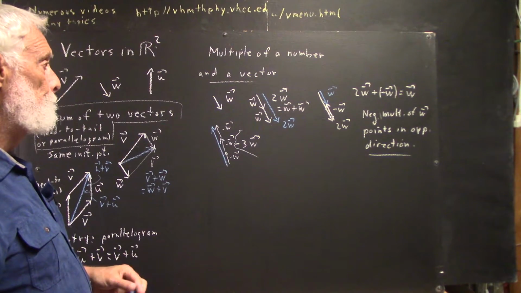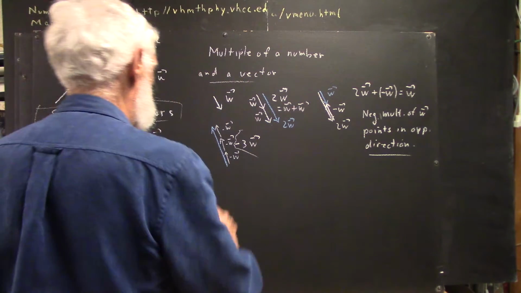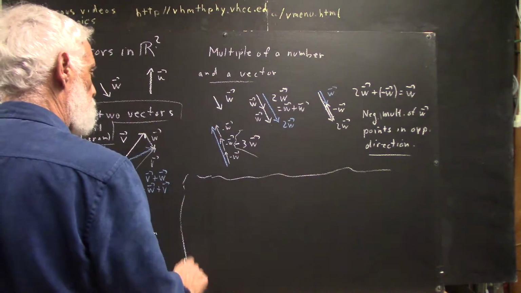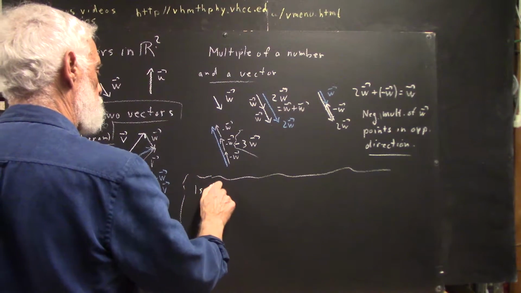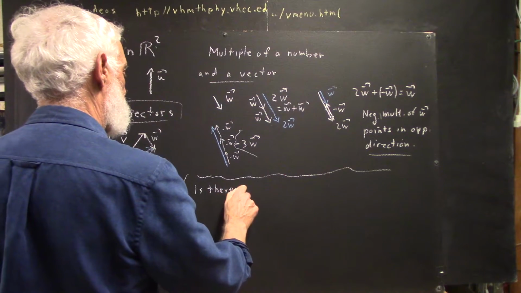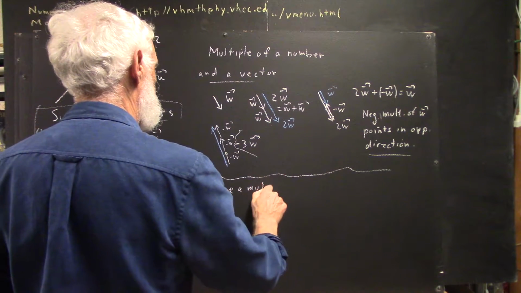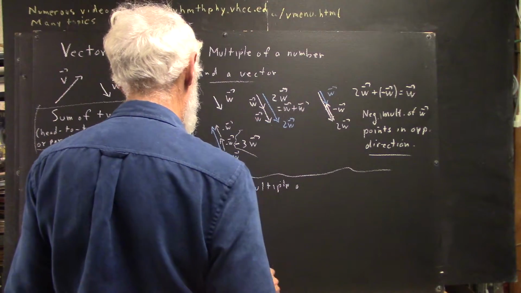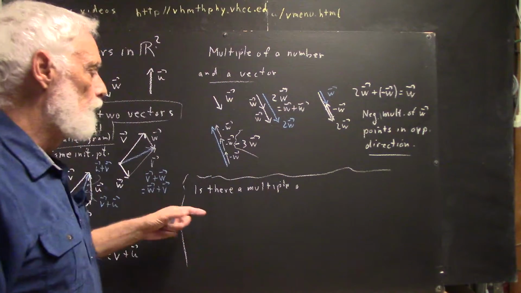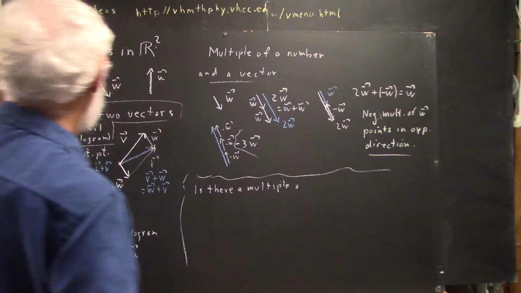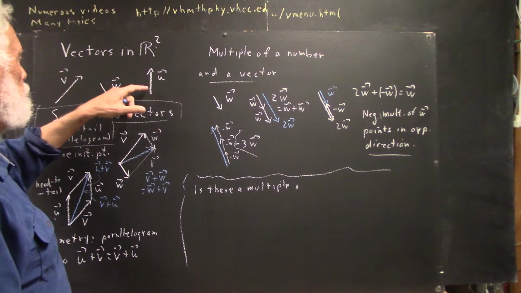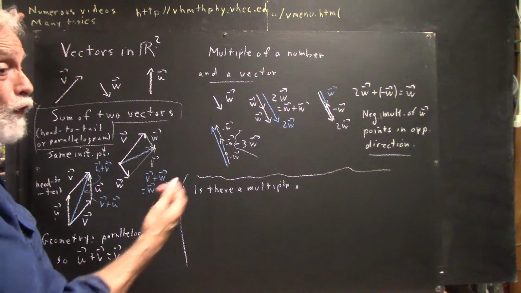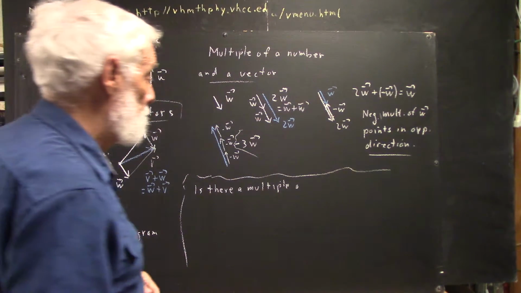Okay, now I ask myself, are there multiples of, let's say, U and W that equal 4V? Okay?